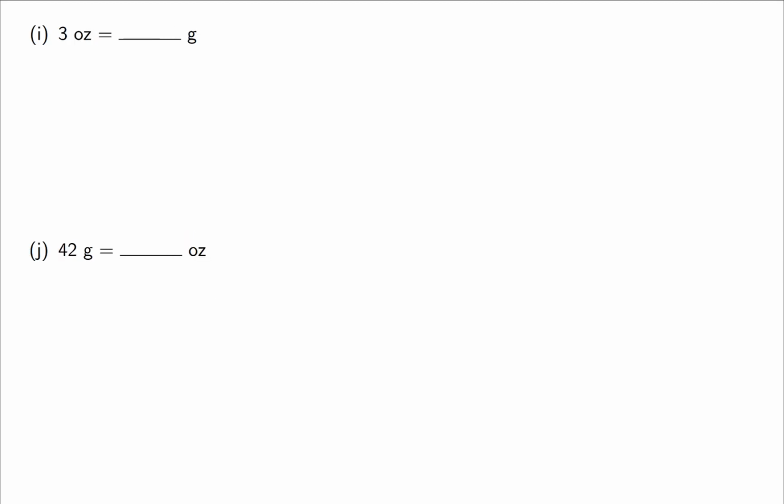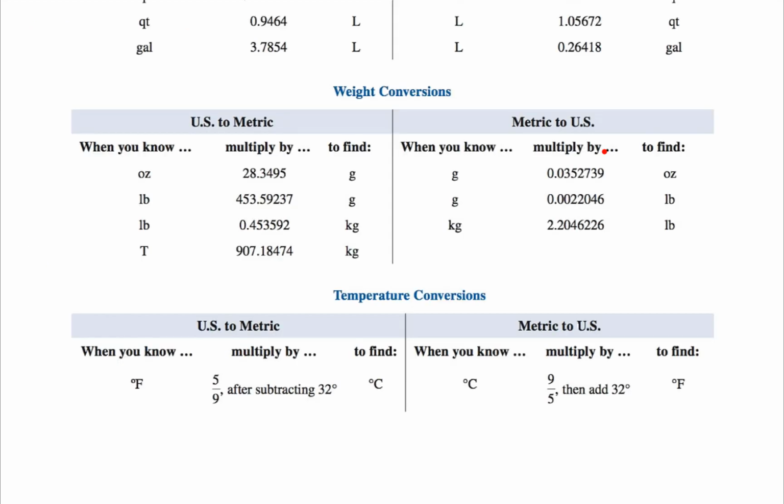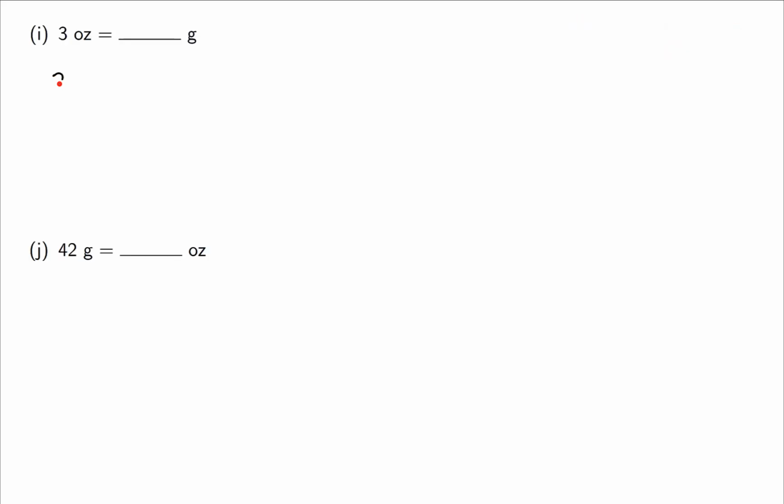Ounces to grams. Ounces to grams is on the left side. You're going to multiply by 28.3495. So we've got 3 ounces times 28.3495. That's the number of grams in 1 ounce. And I get rounded 85.05 grams.